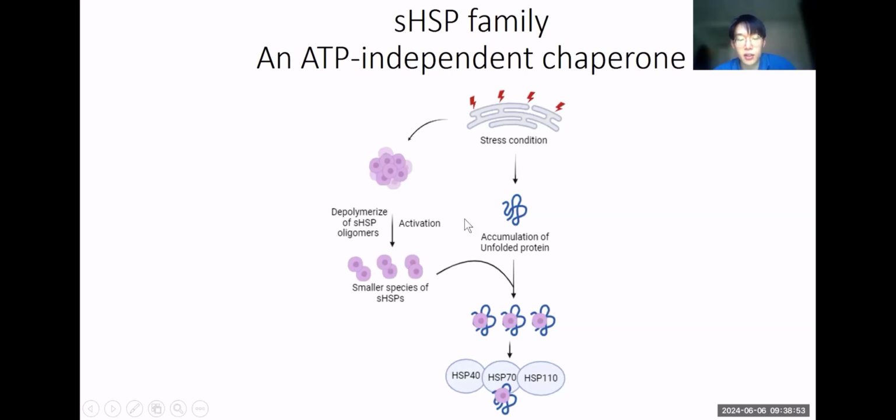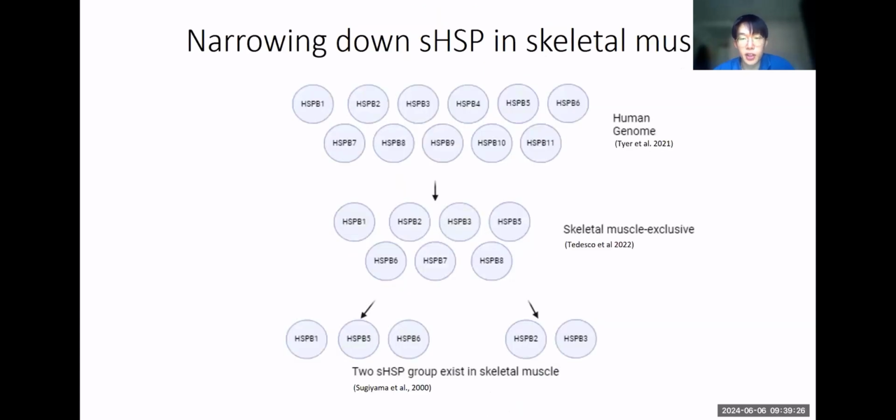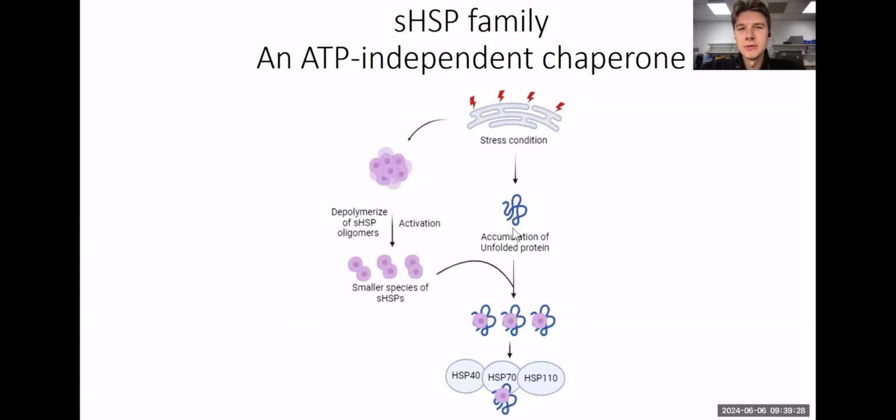As an example of a stress condition, take neurodegenerative disease, where you have a lot of accumulation of misfolded proteins. What small heat shock proteins do is basically perform a general holdase function and wait for other ATP-dependent heat shock protein families to come and deal with the unfolded or misfolded proteins. This is the general function of small heat shock proteins that we know. So what is the oligomerization for?